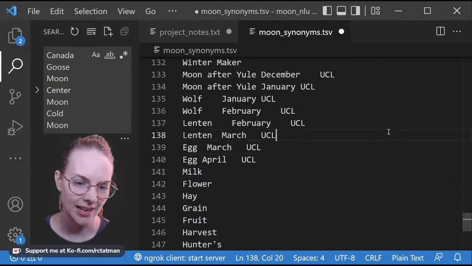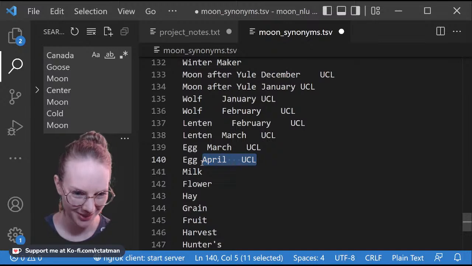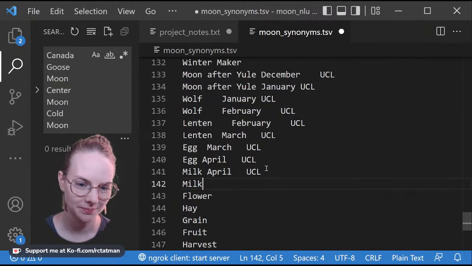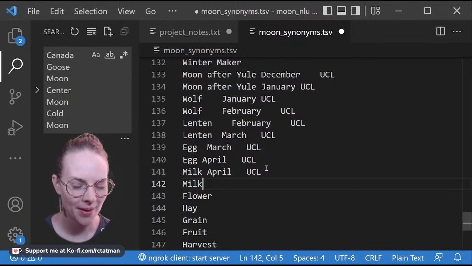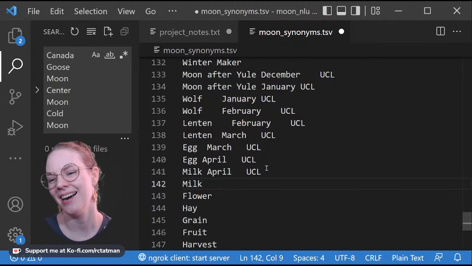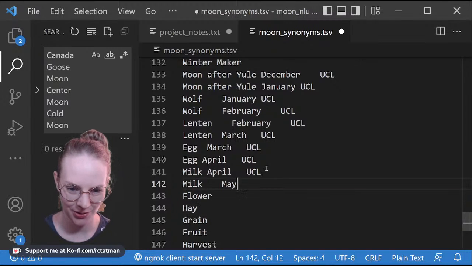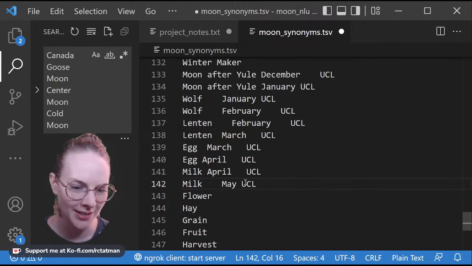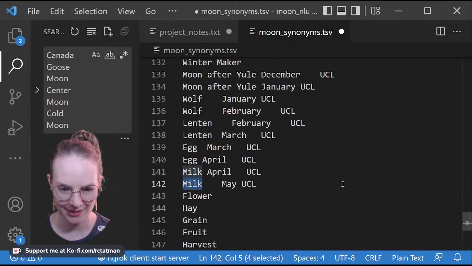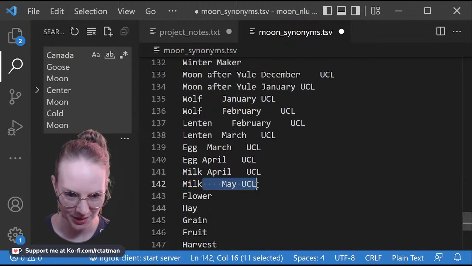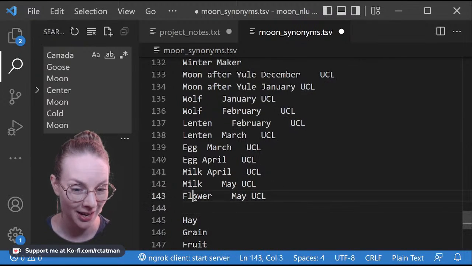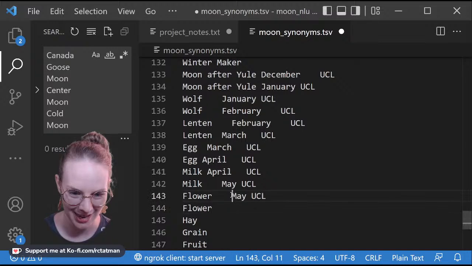And then the milk moon could be in April. Oh, what a pain in the butt. It can be April or May to figure out all of these slightly incongruent calendar systems that people use to talk about information that I want to know. I need to know this information, and yet.